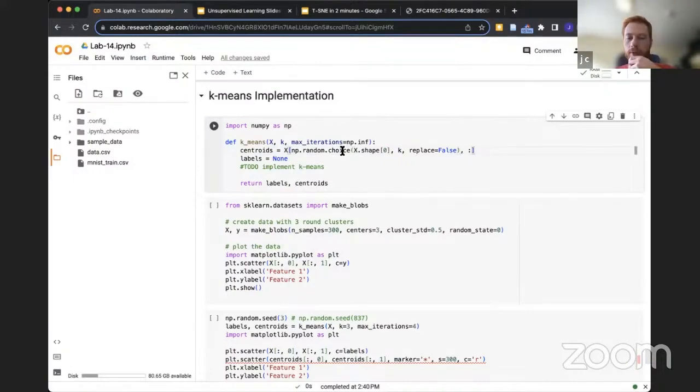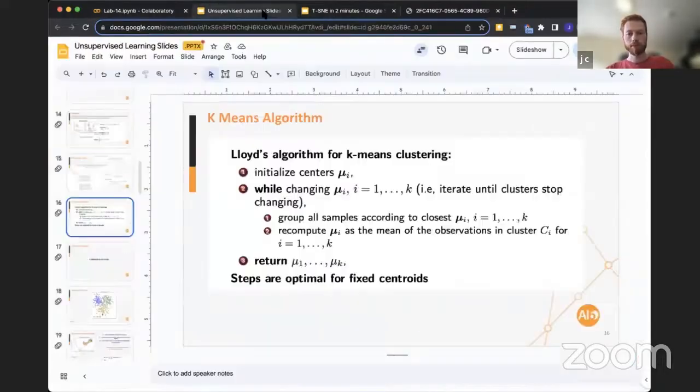So we have now K random start points, our centroids. So now we initialized our centers.